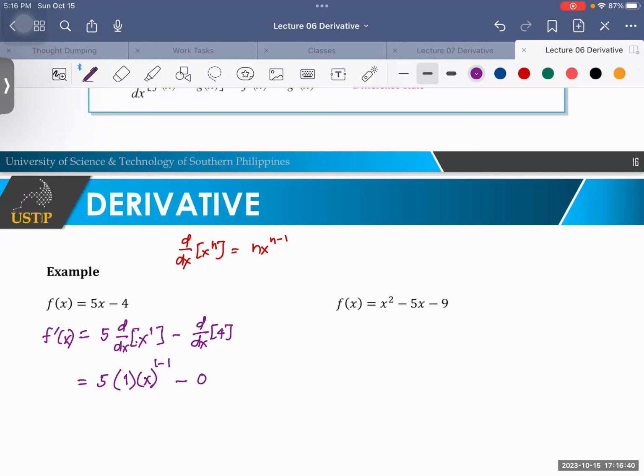So, it becomes 0. Okay? So, this x raised to 1 minus 1, that is 0, right? So, this will become 1. Okay? Any value that is raised to 0 is equal to 1. So, it becomes just 1, and our answer is simply 5. Okay? So, this is now your f prime of x.